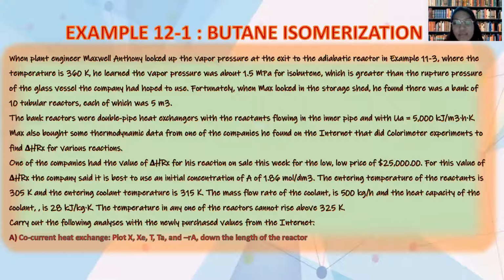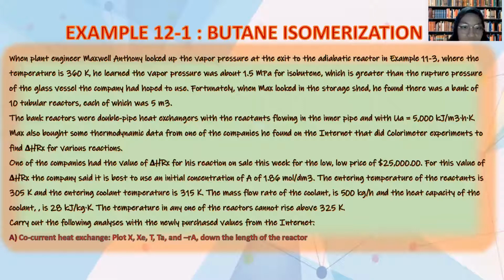The entering temperature of the reactants is 305 Kelvin and the entering coolant temperature is 315 Kelvin. The mass flow rate of the coolant is 500 kilogram per hour and the heat capacity of the coolant is 28 kilojoule per kilogram per Kelvin.